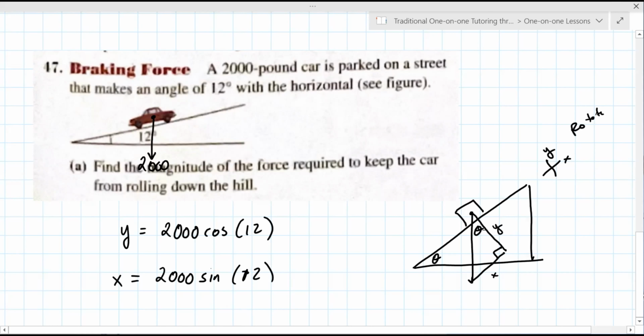Usually x is cosine and y is sine. So the force required to keep the car from rolling down the hill is the one in the x direction. So it's this one. You just have to calculate that.